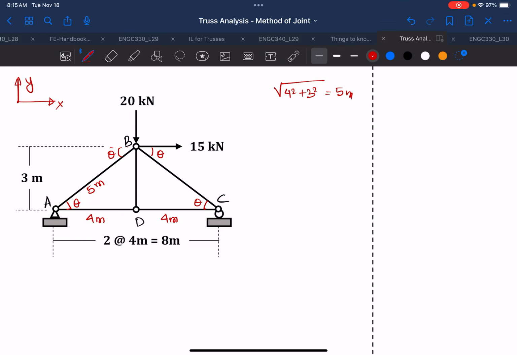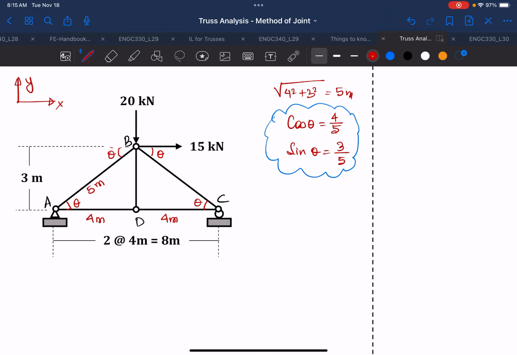For that we will need cos theta, which is 4 over 5, and sine theta, which is 3 over 5. This is important to solve so that it will speed up our calculation. If we already solve cos theta and sine theta from the beginning, it helps us do the calculation quickly.